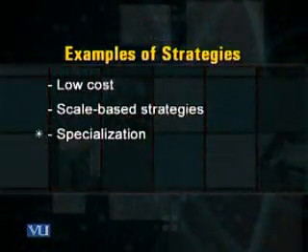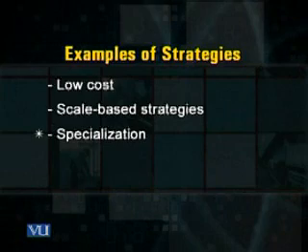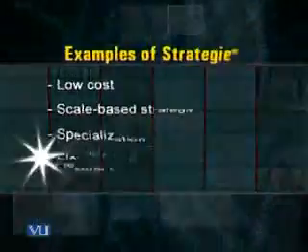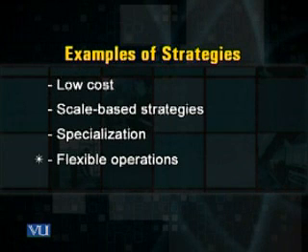Another strategy is specialization. What is specialization? Specialization is that you identify certain specific characteristics and then you work within those specific characteristics. And another form of strategy is flexible operations.